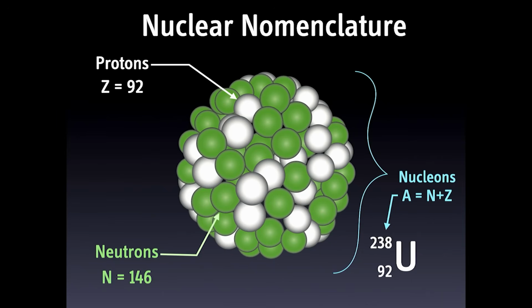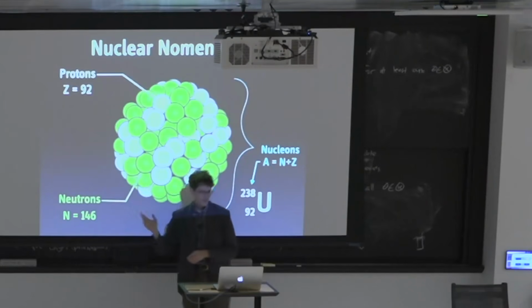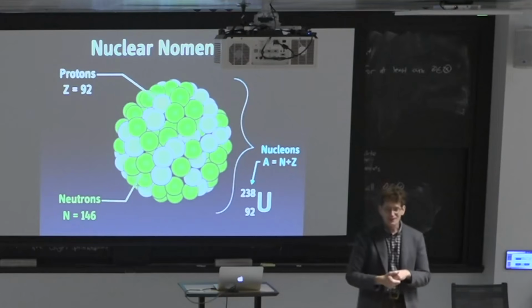All right, so let's talk a little bit of nomenclature around the atom. Many of you who come from physics domains will, of course, know this. You know that the nucleus is made of protons, which are positively charged, and neutrons, which are neutral, and we call these things together nucleons.